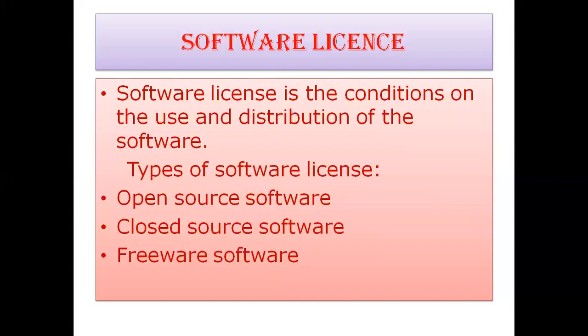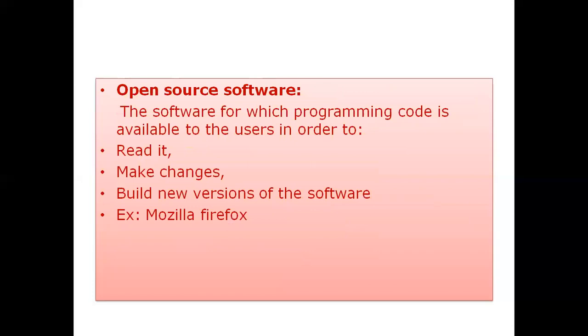Let us see each of them in detail. Open source software. In this particular software, we can read it, we can make the changes, and we can even build the new versions of the software, and it is free of cost. Okay. For example, take Mozilla Firefox. In Mozilla Firefox, everyone is able to browse. We are not paying anything to the particular software, right?